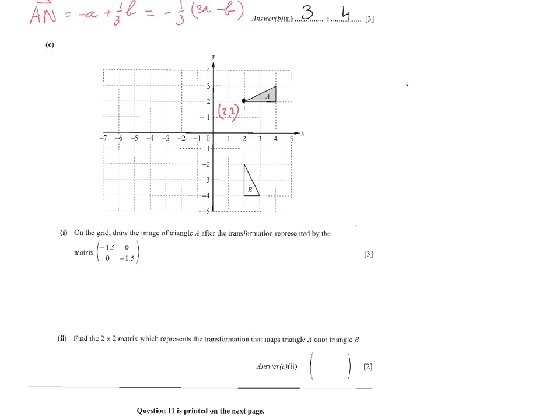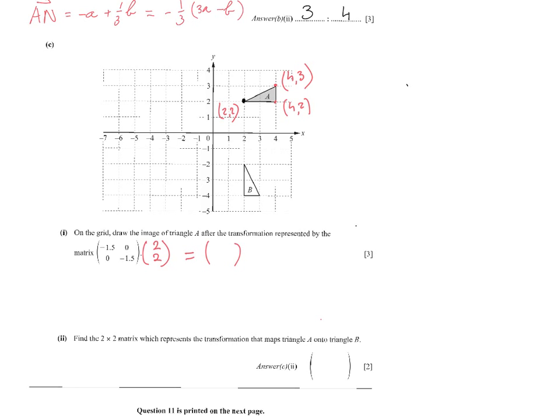So what is the coordinate there? That's 2, 2. And the coordinate here is 4, 2. And the coordinate here is 4, 3. And you're going to multiply those coordinates one by one by the matrix, and that will give you the new coordinates of your image. Okay, so I'll always do it one by one. So I'll start with 2, 2, and I'm going to write that as a column like that.